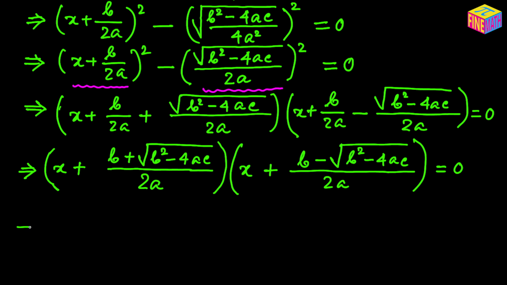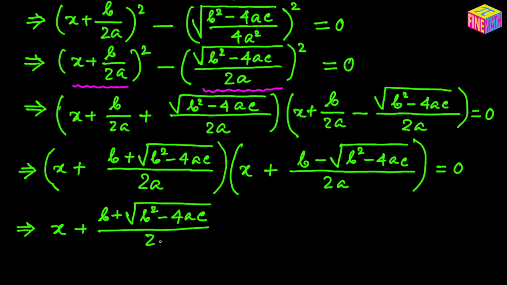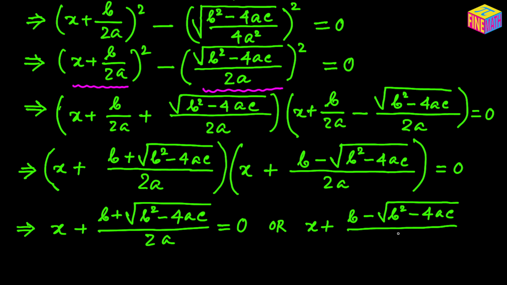So either the first factor is 0, which is x plus b plus square root of b square minus 4ac whole upon 2a, or our other factor, which is x plus b minus square root of b square minus 4ac whole divided by 2a, equal to 0.